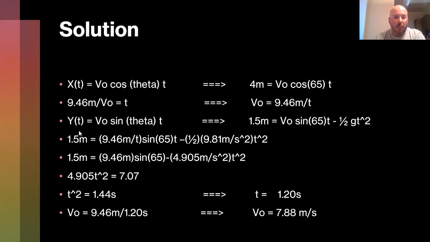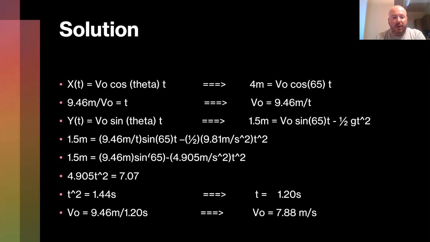From there, we go to y equals the initial velocity sine theta t, which becomes 1.5 meters equals the initial velocity sine 65 degrees times t, minus 1/2 gravity times t squared. Working that out, 1.5 meters is equal to 9.46 meters divided by t times sine 65 degrees times t, minus 1/2 times 9.81 meters per second squared times t squared.